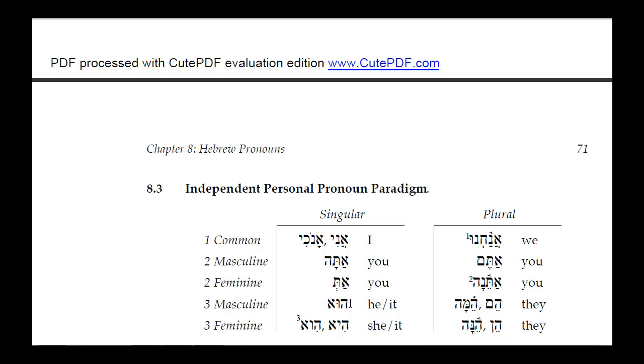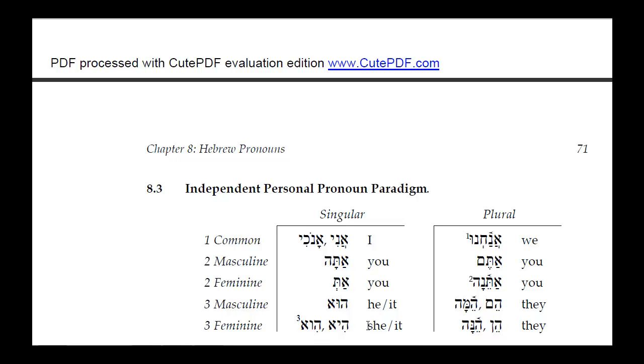The third person, which is he, she, or it: we have hu, who is he, and this is easy to remember. Hu is he, and hi is she. I learned that years ago in college, so it was very easy to remember.